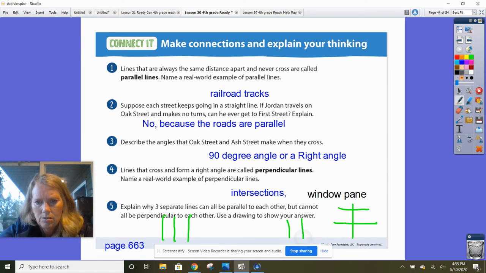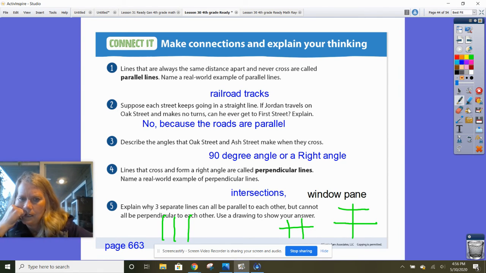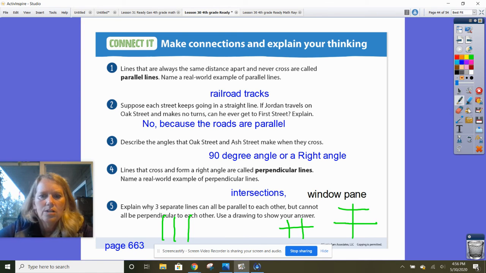So three lines can be parallel to each other, but cannot all be perpendicular. You can make three lines parallel, but you can't make them all perpendicular to each other. To another line, you could.